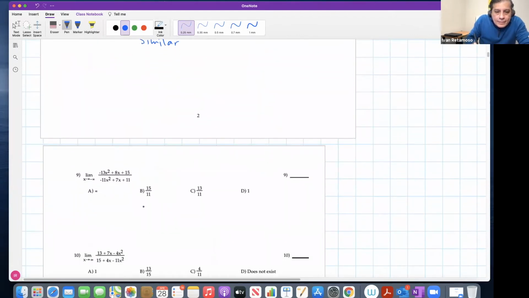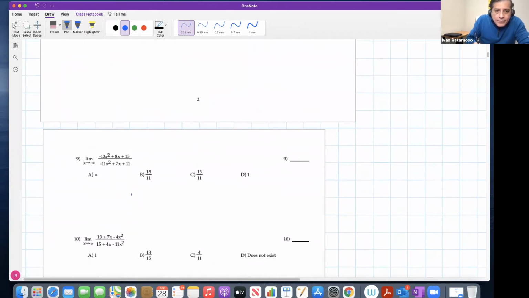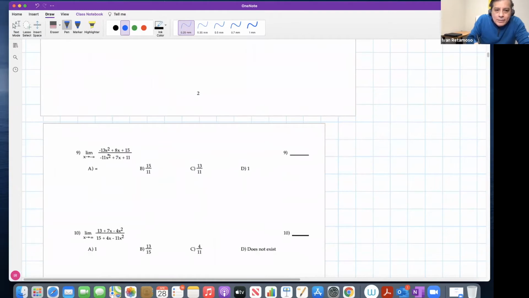This one, the same, right? But perhaps this one I should show because it requires doing L'Hopital's rule twice, I think. What do you mean twice, Professor? Well, I will explain here. Look, if you have this situation and you apply L'Hopital's rule, then what's going to happen?